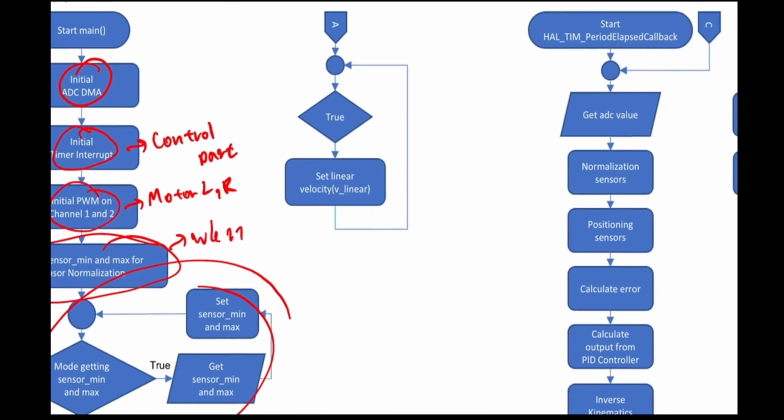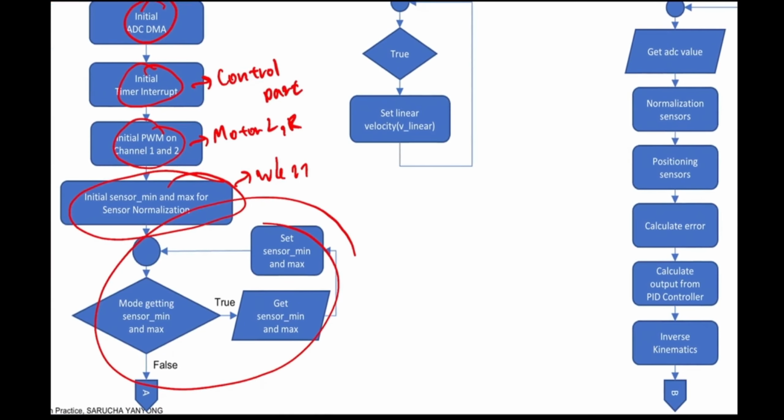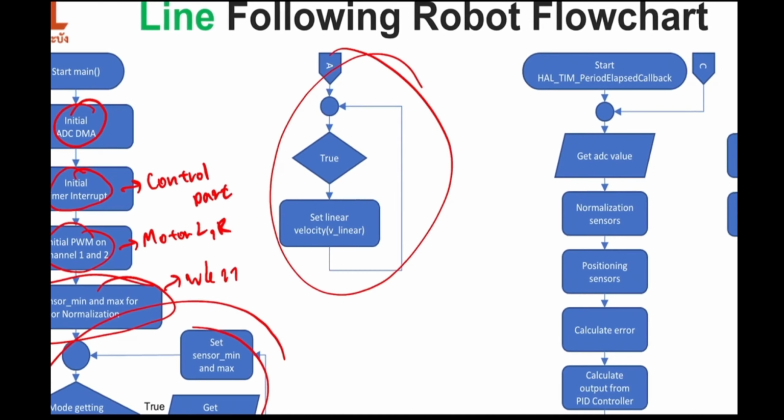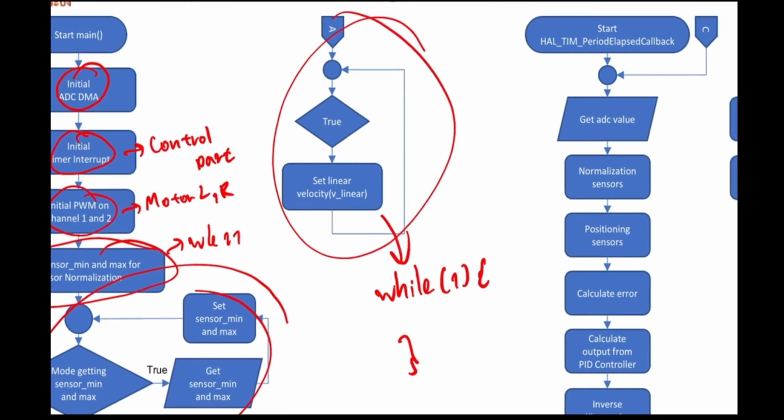After you complete getting the sensor min and sensor max, it will continue with the while loop. This represents y1.